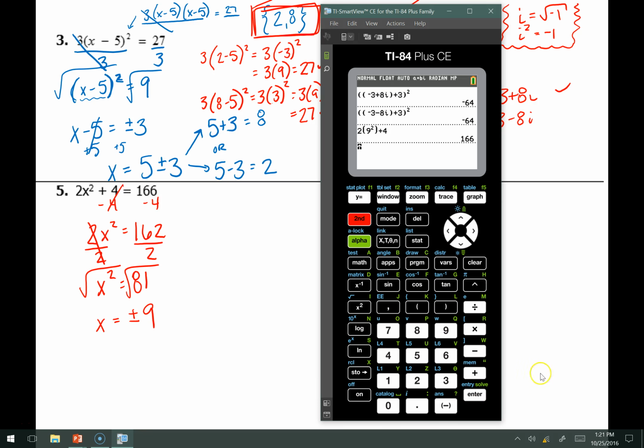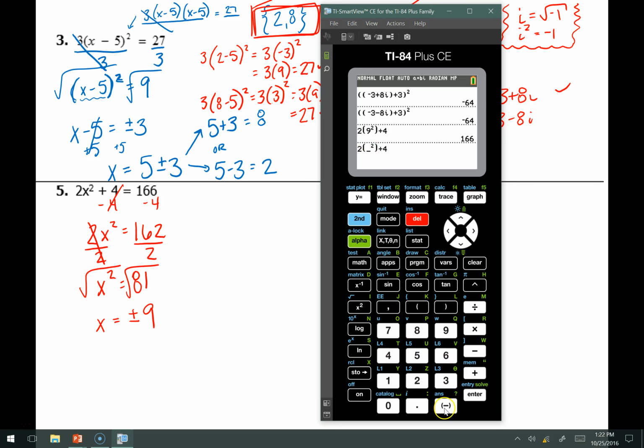I can hit second entry to get this copy of what I just typed in, and now I need to put in -9. Now something that I want to point out here is that if I just type a negative right here, it is going to delete this 9, and I don't want it to do that. So I'm going to hit the second button again, and then the delete button has INS, which stands for insert, above it. So when I hit second, delete, instead of deleting, it's going to make my cursor flash.